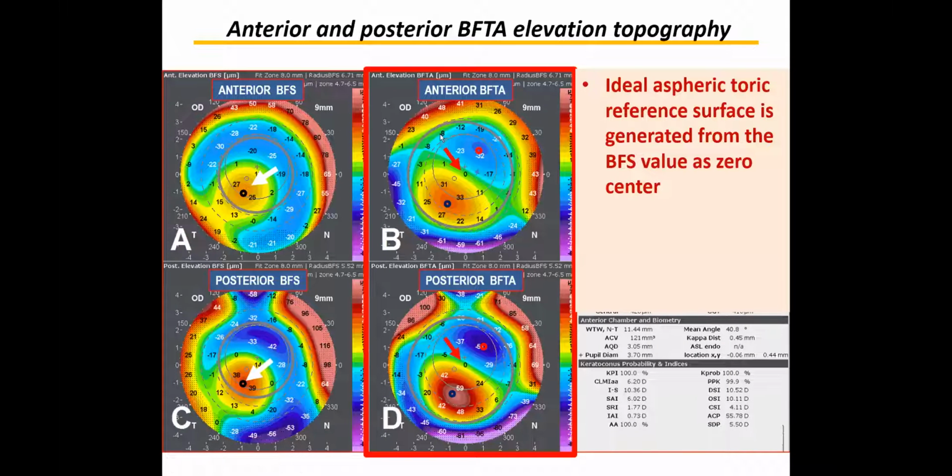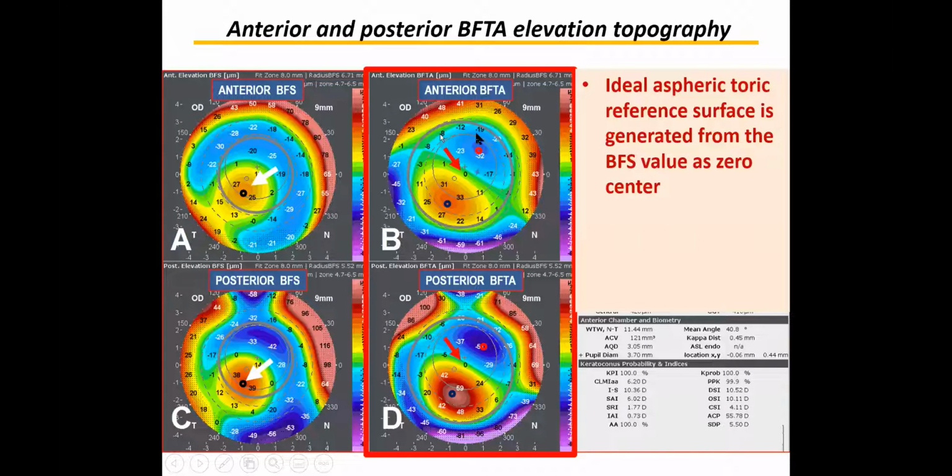So the other index, and this is another part of my work, my collaboration to topography, is the best fit toric aspheric maps. In these maps, we use the BFS as the 0 value at the center of the map, and from that we see how the surface changes in curvature in comparison to the 0.